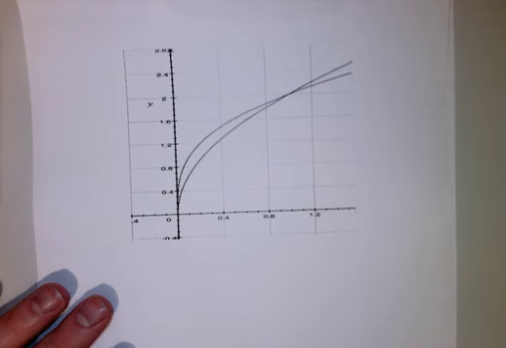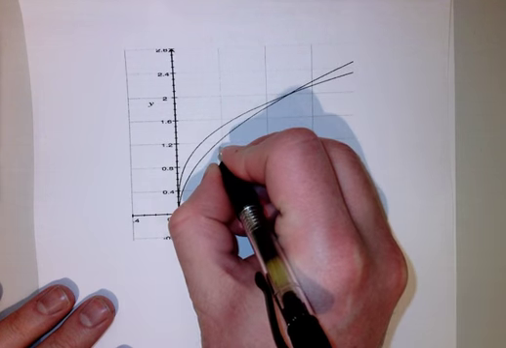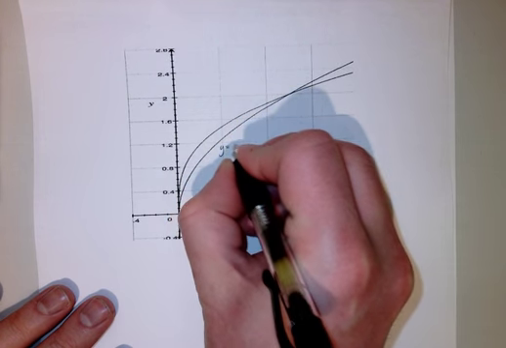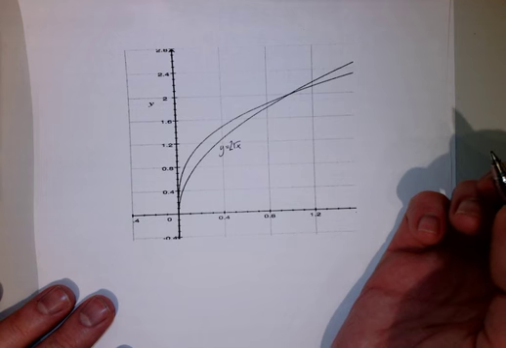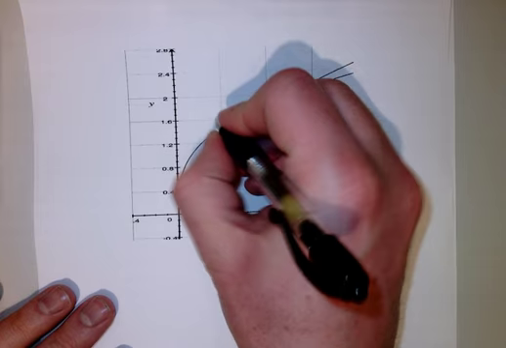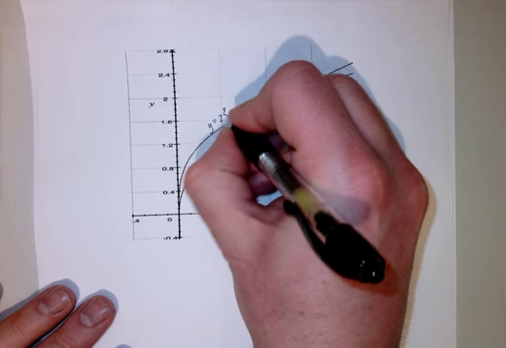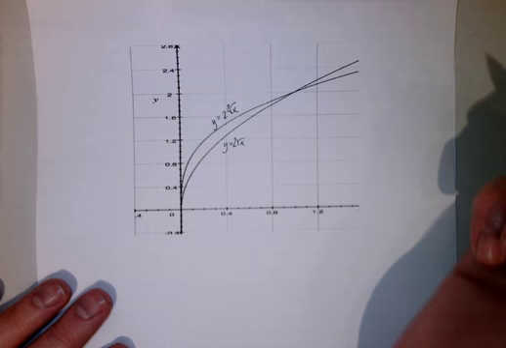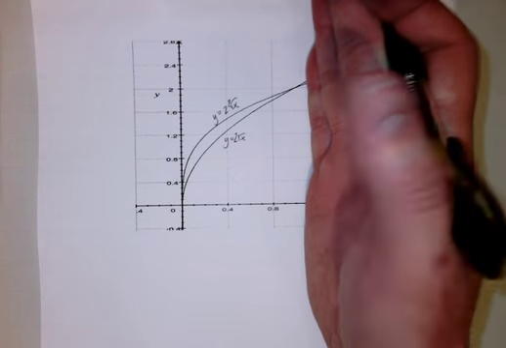Now, I know that when I'm doing this, this one right here is y equals 2 root x. Okay, I know that this one is y equals 2 cube root of x. The reason that I know that is just take any value between 0 and 1.